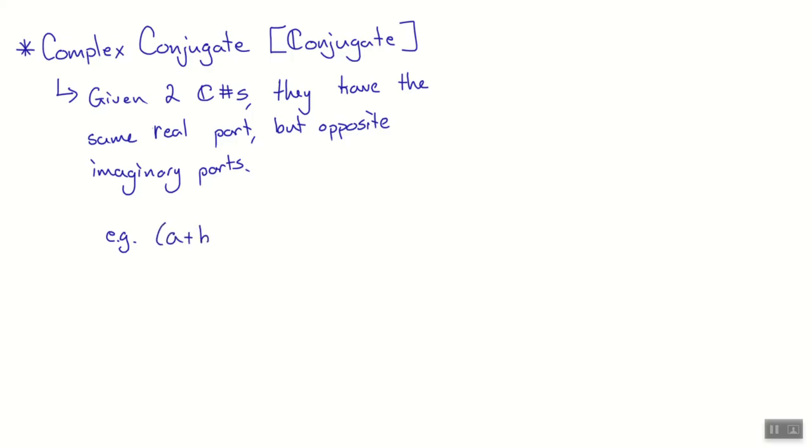If we have some number, a plus bi, first thing, what's another complex number that has the same real part but an opposite imaginary part? Its conjugate, if you will: a minus bi. If you take some complex number, a plus bi, and its conjugate, which just changes the sign between them, we get something awesome.